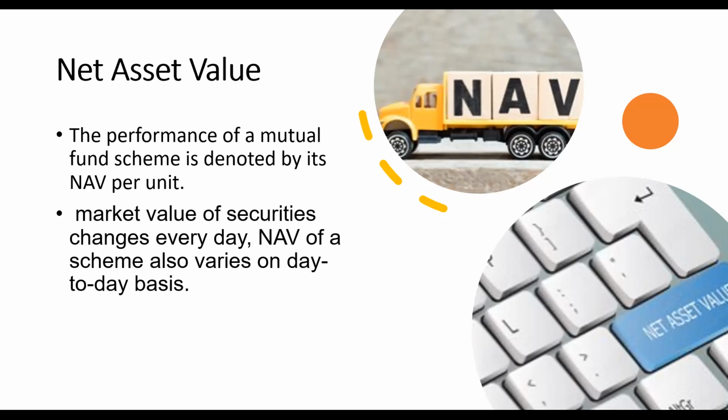For example, think that the net asset value is 20,000 and the number of units you are having is 100. So 20,000 divided by 100, you will have 200, and that will be the net asset value per unit.